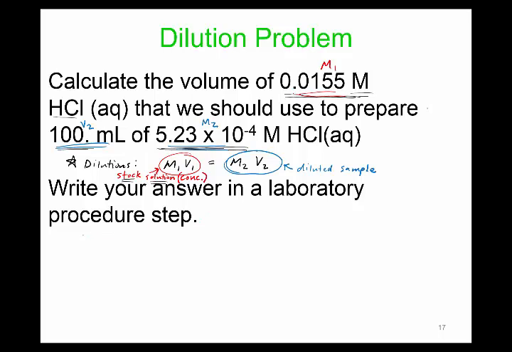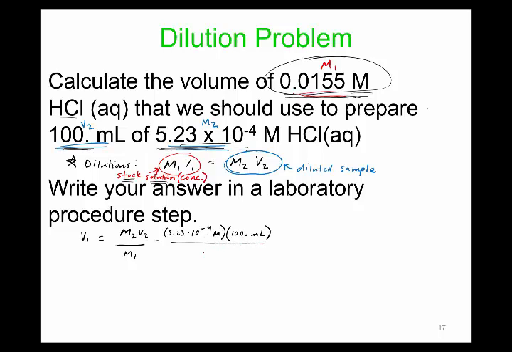So to solve for V1, the volume, we're solving for the volume we need to make it this dilute. This would be M2 V2 over M1 if I solve for V1. If I plug my numbers in, 10 to the negative fourth times 100, leaving this in milliliters, so that means my answer is going to be in milliliters, which is okay.